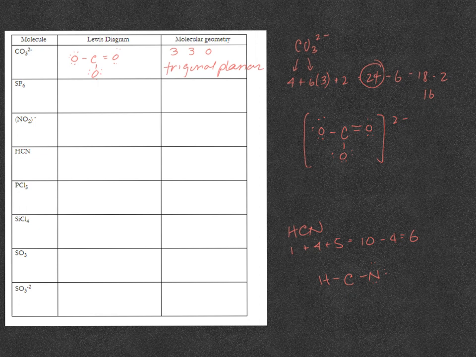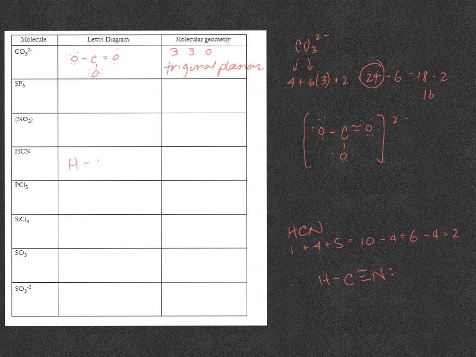If I look at the carbon, though, I need 2 electrons here and 2 electrons there. So I'm 4 electrons short, which means I need additional bonds. If I'm 2 electrons short, I need 1 more line. If I'm 4 electrons short, I need 2 more lines. The only place I can put that is between the carbon and the nitrogen. So I'm going to subtract 4 more electrons. I can put 2 electrons as dots on the nitrogen. The nitrogen has 8, carbon has 8, hydrogen has 2.